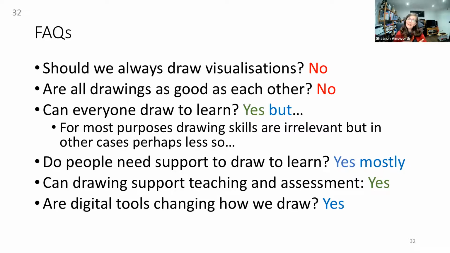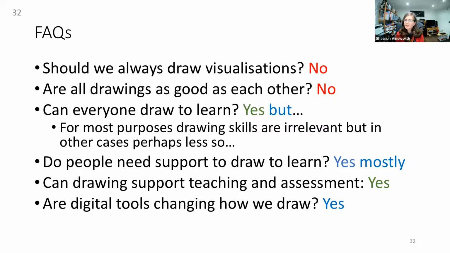But actually, there may be some other cases where potentially the ability to draw well may be important. If you draw something badly, it could potentially reify a bad model in your mind. So there might be situations of 3-dimensional complexity where getting that faithful and accurate is important.